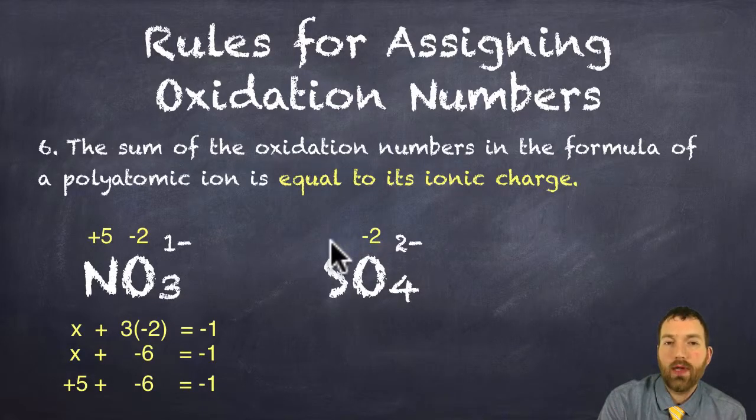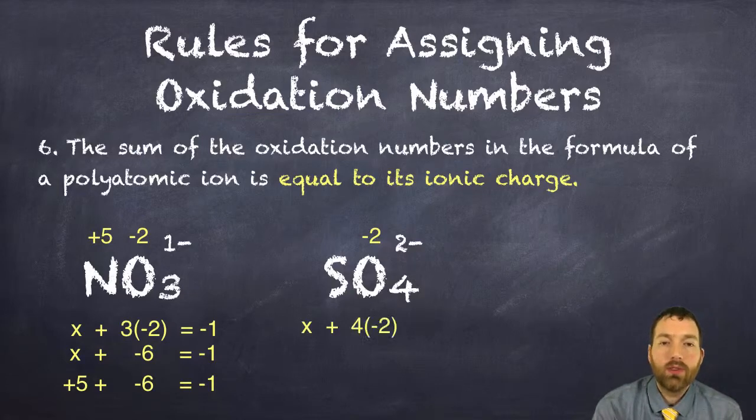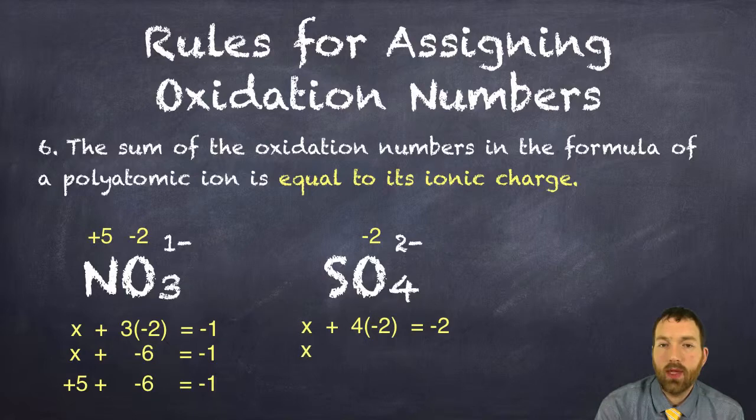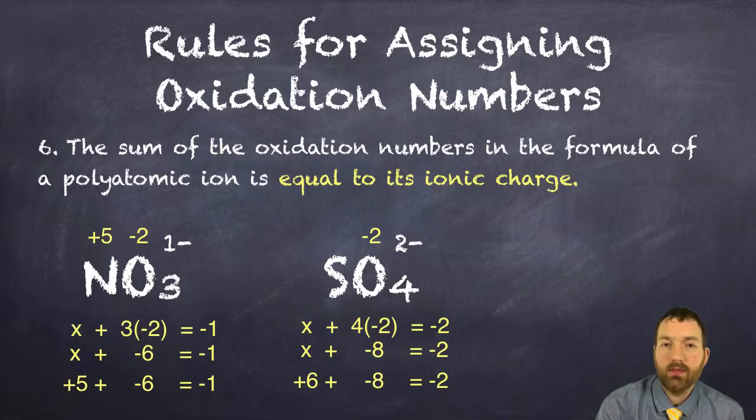So sulfur has to have an oxidation number that when I add it to a -8, I'll get a 2- charge. So I'll solve for x. x plus 4 times -2 is equal to -2. So that's a -8. I will add 8 to both sides, and that will get me +6. So of course +6 and a -8 will be equal to a -2.